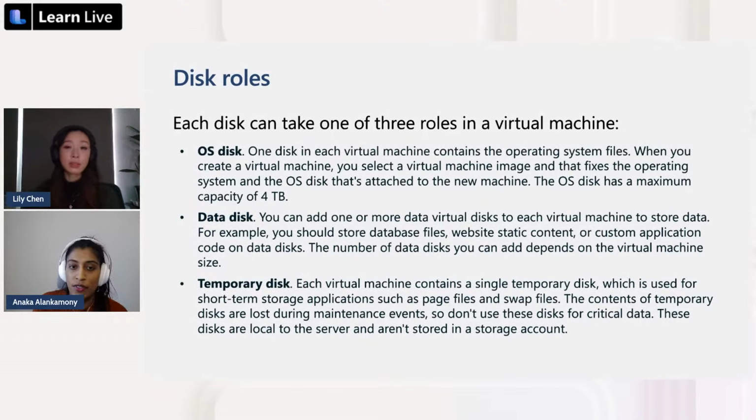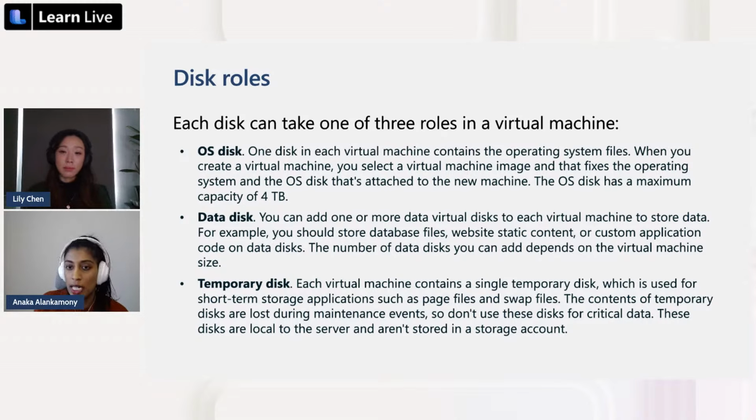Now let's look at the different disk roles that a disk can take in a virtual machine. There are three disk roles, and those are OS disk, data disk, and temporary disks. Let's go through each one of them in detail. OS disk, what is it? Every VM can have multiple disks attached to it.